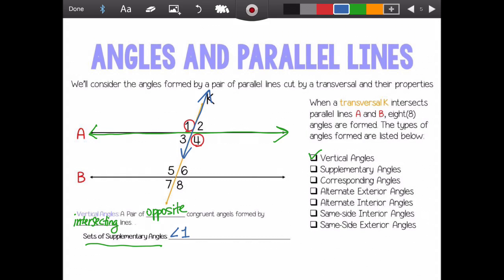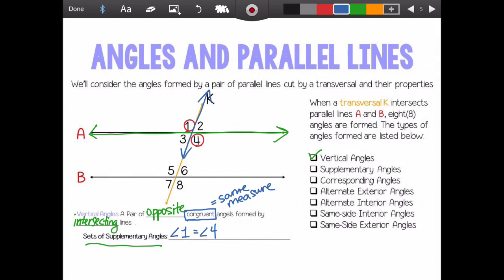Also, with them being opposite, the key word here is congruent. If you remember from elementary school, congruent is just another word for same, meaning they have the same measure. So angle 1 is congruent to angle 4.